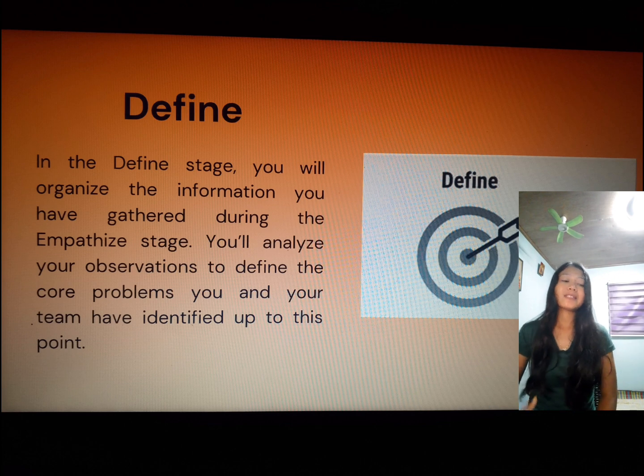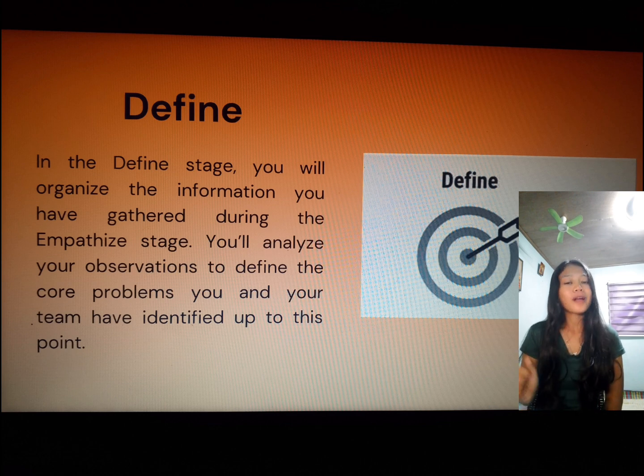When we empathize, of course, we find the problems, and when we define, that is where we find the practical solutions for our product and make a development in our existing product.